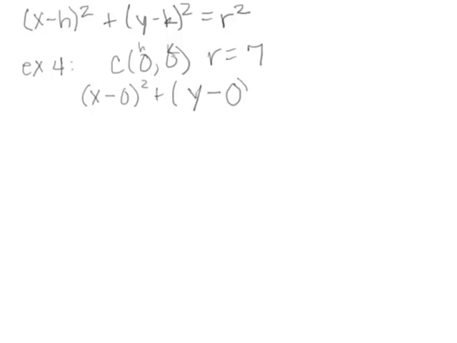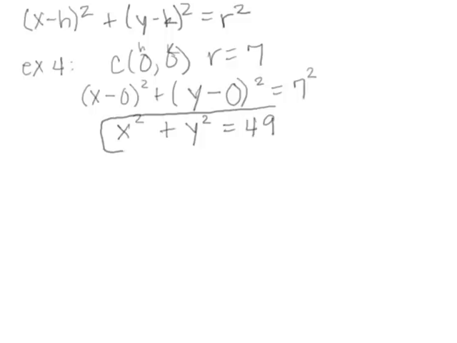I put 0 in, and squared will equal r squared, and that one's more obvious because they tell you that r is 7. x minus 0, well, x plus or minus 0 doesn't matter, is always going to remain x. So I leave it and just square it. Plus y squared will equal 49. I have the equation of my circle given the center and radius.